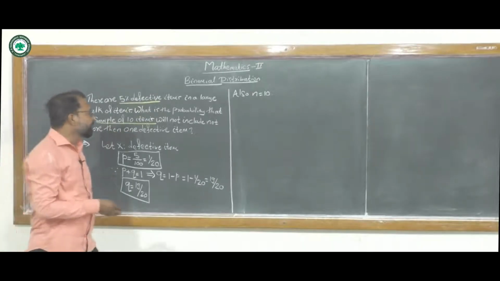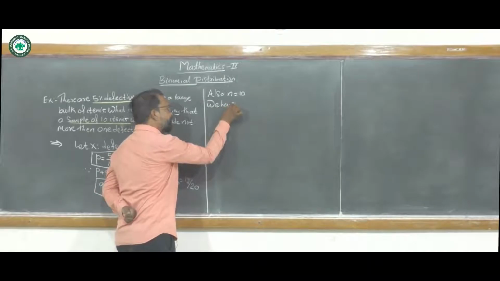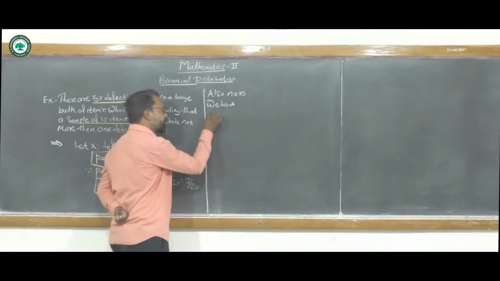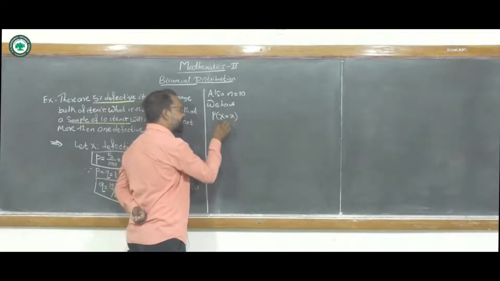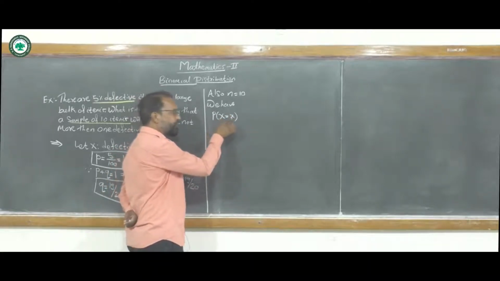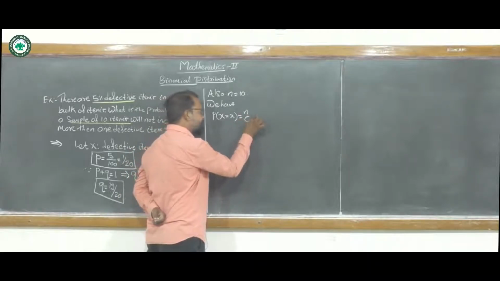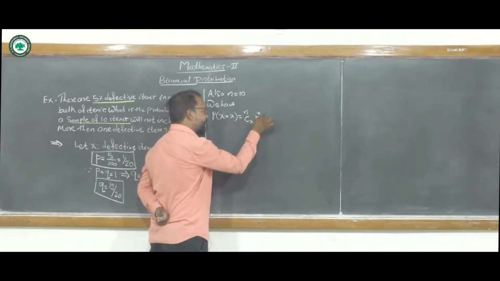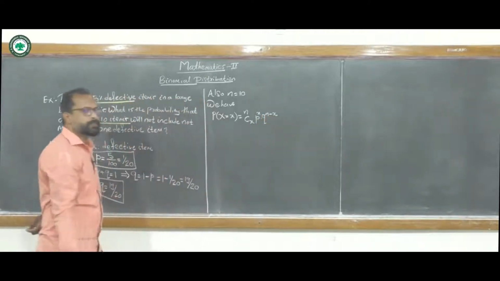Now we have the formula for the binomial distribution: the probability of the random variable X taking the value x equals nCx P raised to x into Q raised to n minus x.